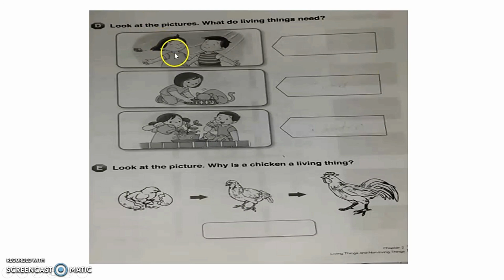Look first at the picture, understand what they are doing, and you have a clue now. Then you write the needs of the living things. So let's start. I give you one hint or example so that you have an idea how to answer this.